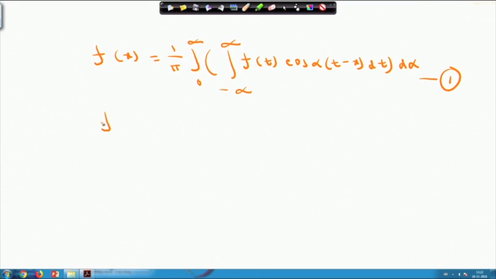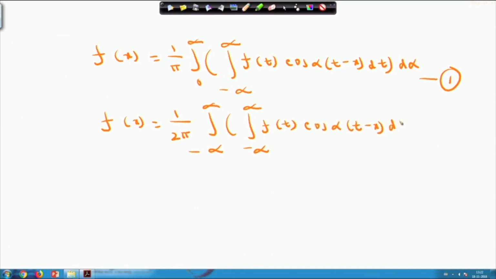This again we can write in this particular form: 1 by twice pi, minus infinity to infinity, minus infinity to infinity, f(t) into cos of alpha into (t minus x) dt d alpha.